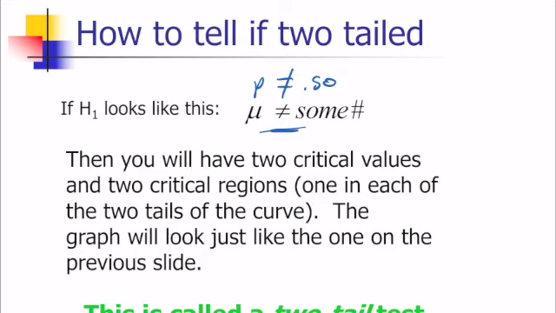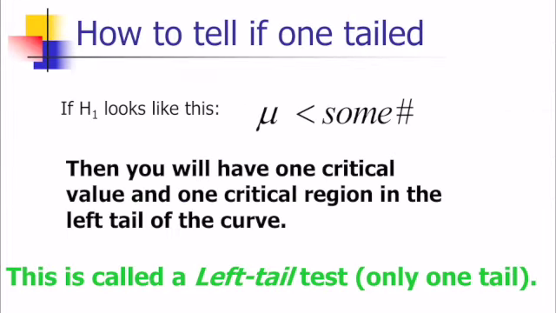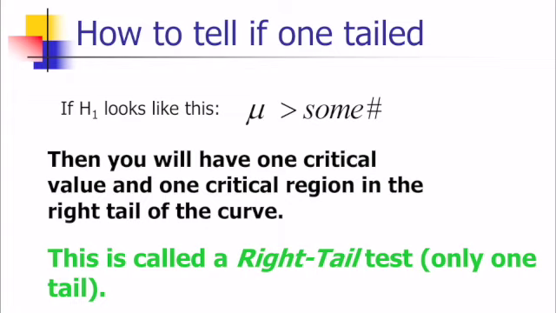It's going to be left-tailed if mu is less than some number, or p is less than some decimal, and it's going to be right-tailed if I have a greater than symbol. We only have one critical value, one critical region. This could also be a proportion. I want to make sure you guys remember that we can do hypothesis testing for population means and population proportions.